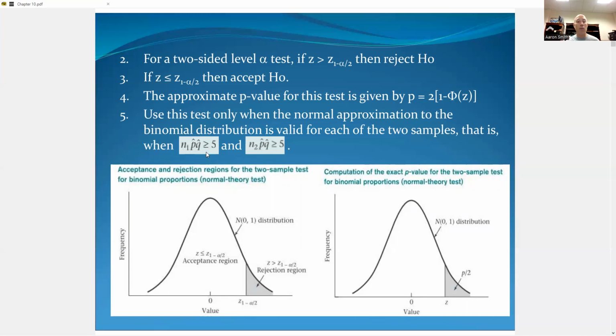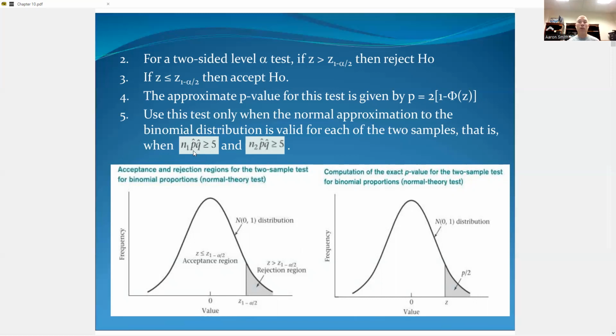This multiplication needs to hold for both populations. If it's less than 5, then my sample size is too small considering the observed variance in the data, and we can't really trust the test using the normal distribution, because there's too much spread and not enough sample size to compensate. So in that situation, we would need to do manual calculations with a binomial distribution.